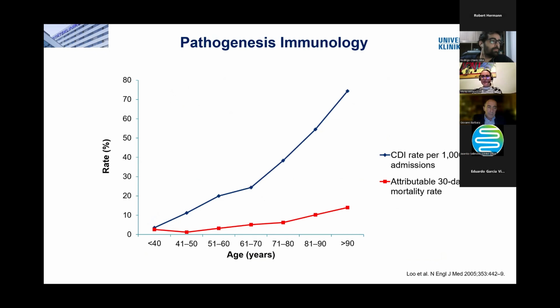The appropriate production of immunoglobulins seems to be quite important for protecting us against the symptomatic form of Clostridioides difficile, and that is also reflected in the fact that elderly people, especially over 65 years of age, are more likely to contract a symptomatic disease if they are exposed to the spores than younger people.